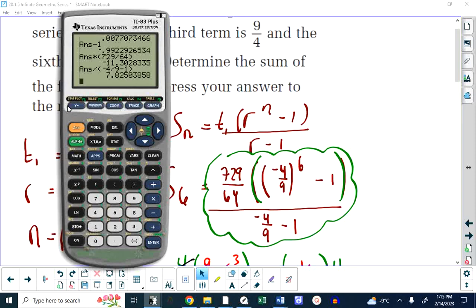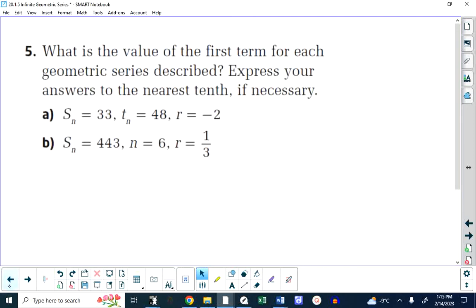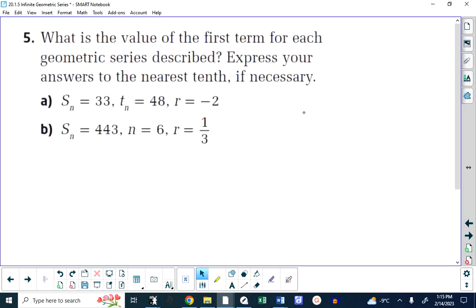Yep. 5a. So what is the value of the first term? Well, we have, sorry, if I ever forget to unfreeze that, somebody let me know again. We have these two formulas that contain Sn. And I'm going to look at the formulas that have Sn here because Sn is given in A, right?